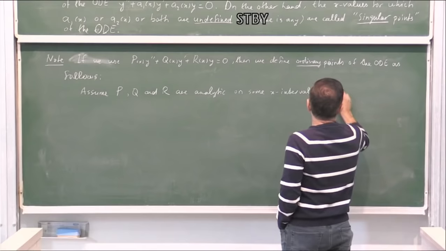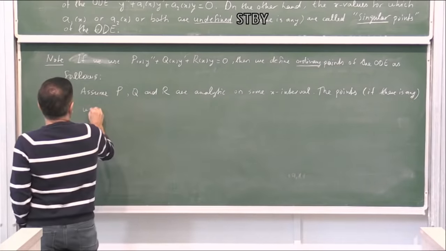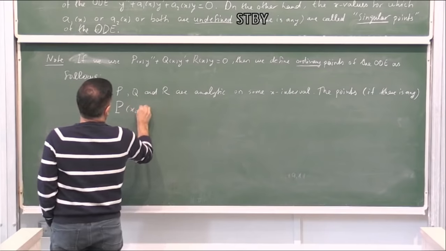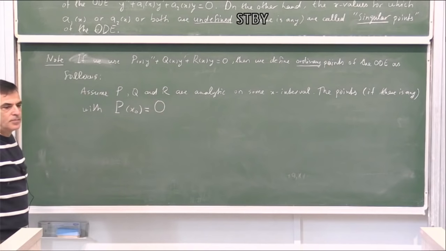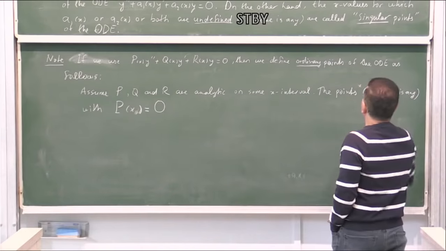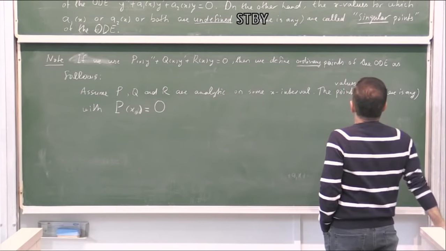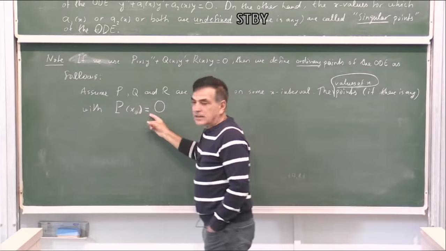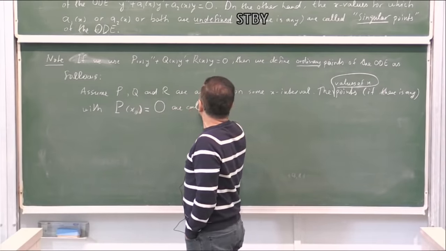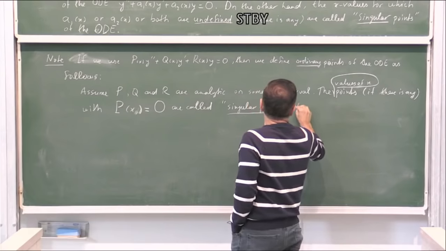Now, the points, if there is any, of course, with p of x0 equal to 0, or p of x equal to 0, the values of x with this are called singular points of the ODE.